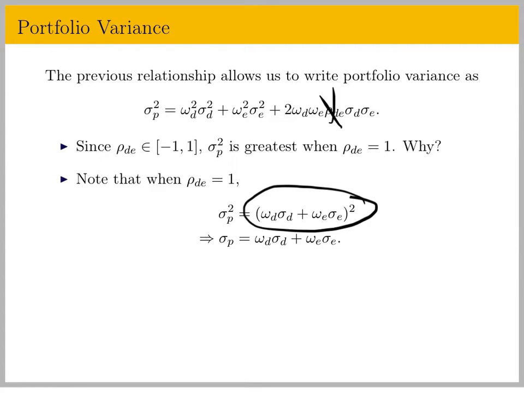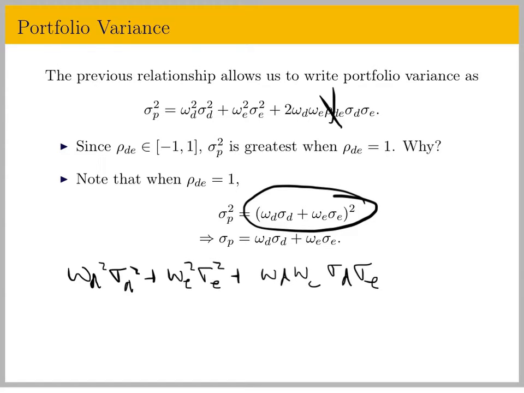If you actually multiply this out, you'll see that that's equal to omega d squared sigma d squared plus omega e squared sigma e squared plus omega d, omega e, sigma d, sigma e, and they're two cross products, so times 2, which is exactly what that term is because we've taken out the rho, which is equal to 1.